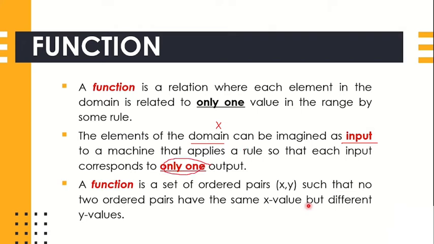A function is a set of ordered pairs (x, y) such that no two ordered pairs have the same x value but different y values. So there should be no same x values.